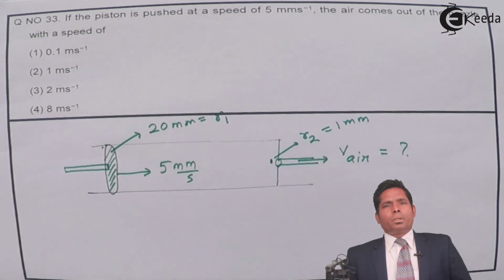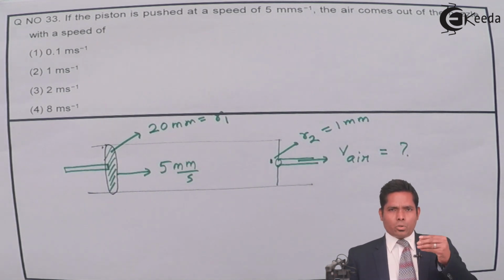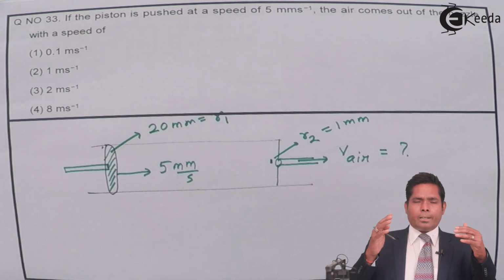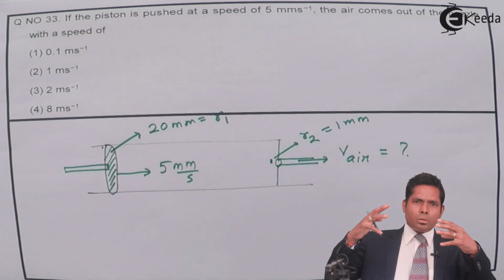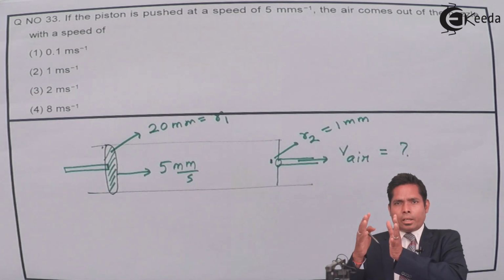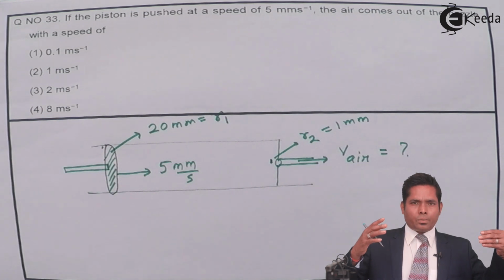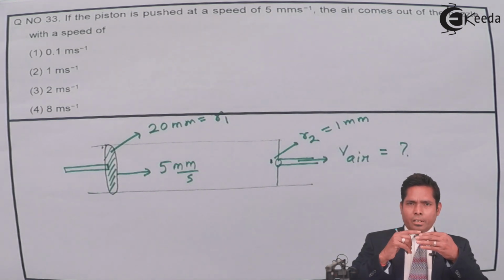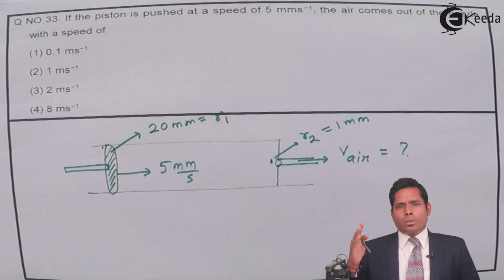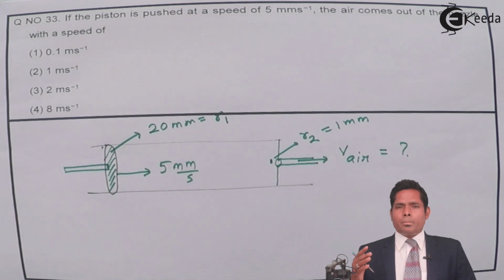Now we know that from the principle of continuity, if fluid flows through a tube of variable cross section, then the rate of flow of liquid at one end is the same as at any other cross section. That means the amount of fluid flowing in per second at any cross section must match the rate of flow at any other cross section. So the volume rate of flow of liquid is the same.